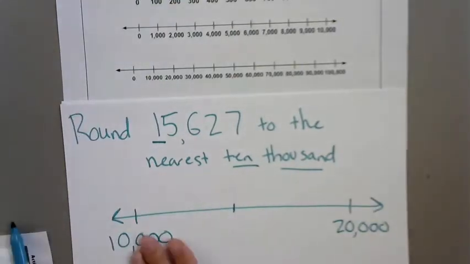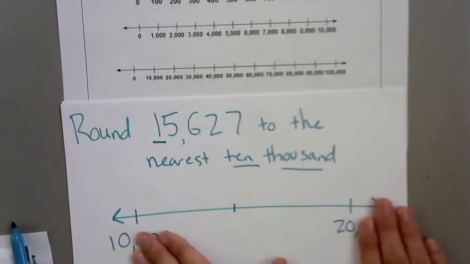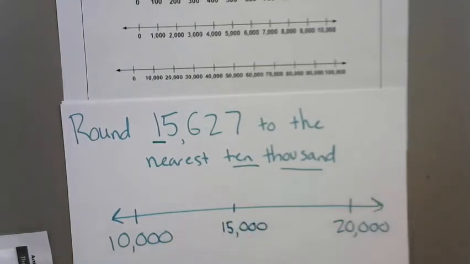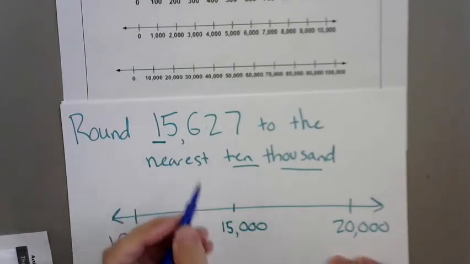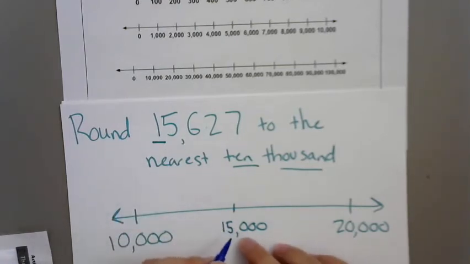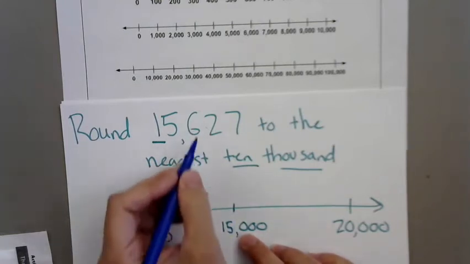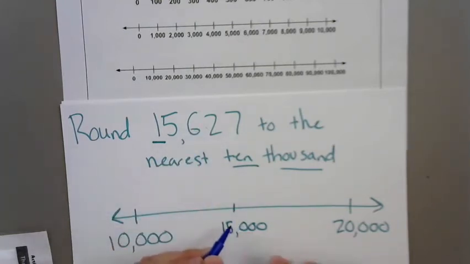Well, let's look at it this way. If this was just 10 and 20, what's halfway between 10 and 20? That's right, 15. The 15,000 would be halfway between 10,000 and 20,000. Now let's go back to this number, 15,627. Well, that's a little bit greater than 15,000 because here there's a 6 in the hundreds place, which is more than a 0 in the hundreds place.